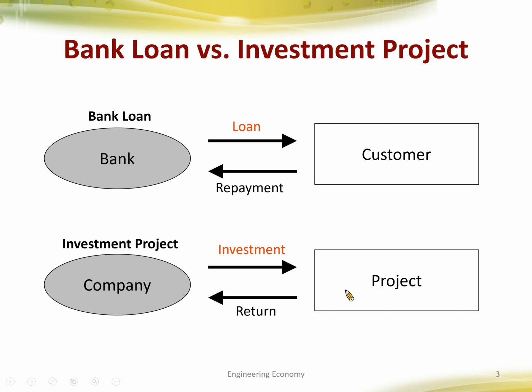Similarly, a company will invest in a certain project, and there will be some return. From the company's perspective, they want to make sure that the investment can return the amount of money which can be justified.